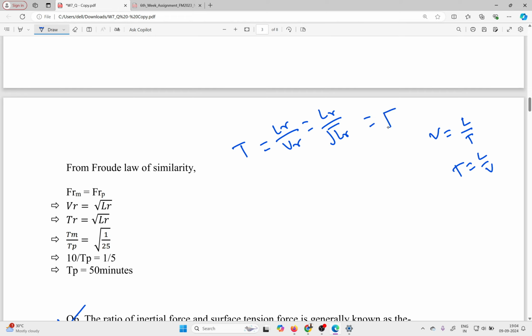So Tr is equal to root Lr, nothing but Tm by Tp is equal to root under Lm by Lp, so 1 is to 25.